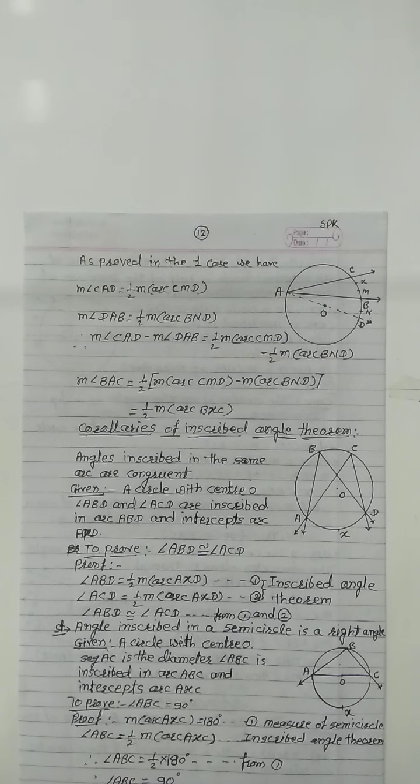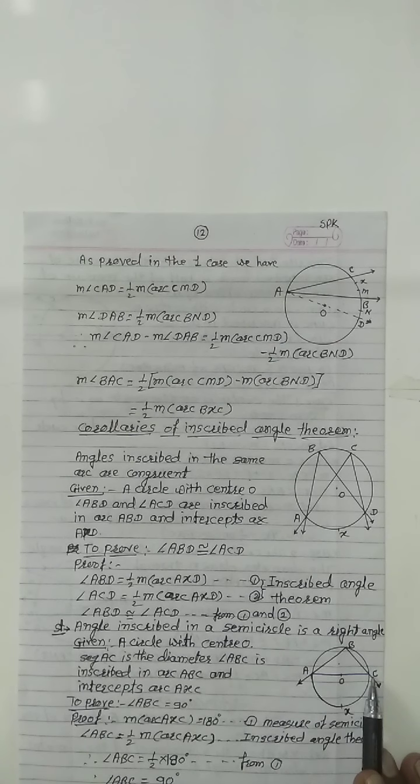Angle ABC equals 90 degrees. In this way we prove that the angle ABC inscribed in a semicircle is 90 degrees. In this way we complete these two corollaries.